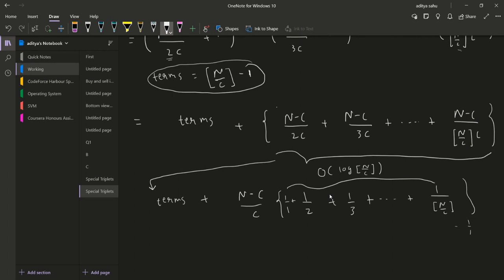The derivation is pretty mathematically rigorous, so I'm not going to discuss that. But if you are interested, you can look at this series sum 1 by 1 plus 1 by 2 plus 1 by 3 and so on up till infinity.